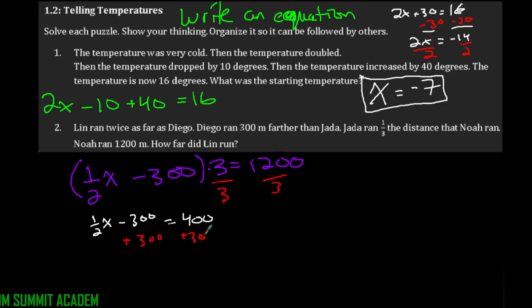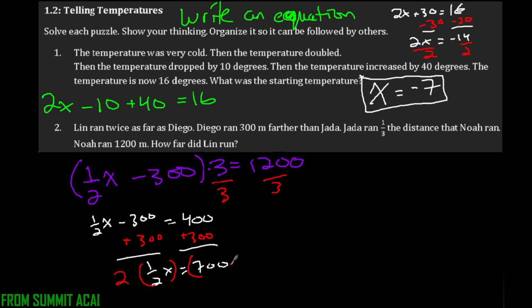I'm trying to use those inverse operations to get x by itself. This is 1/2 x equals 700. And then if we multiply both sides by 2, we should get our answer. So x equals 1400.